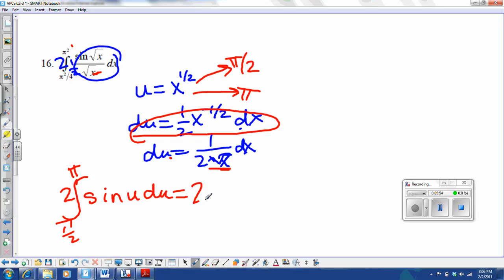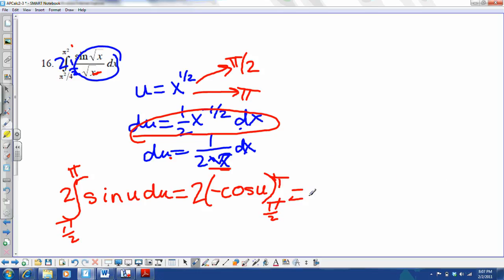So the integral of sine is the opposite of cosine, because remember, the derivative of cosine is negative sine. So I have the negative cosine of u, times 2, evaluated from pi over 2 to pi. Okay, so we need to plug in. Let's go ahead and bring out that negative 2.